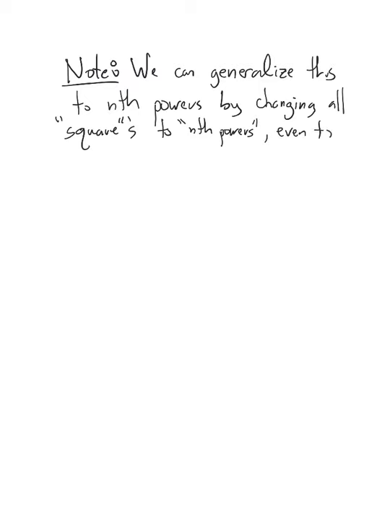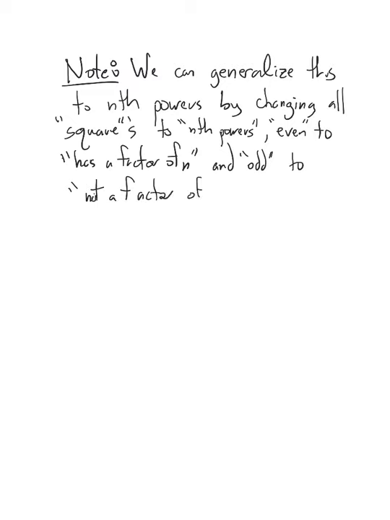Even becomes has a factor of n, and odd becomes not a factor of n. And I'll leave that as a little exercise for anybody that's interested, but starting from that if and only if proof, everything goes through for nth powers. You just have to make those changes. It's a good little exercise if you're interested to see how this works in general.